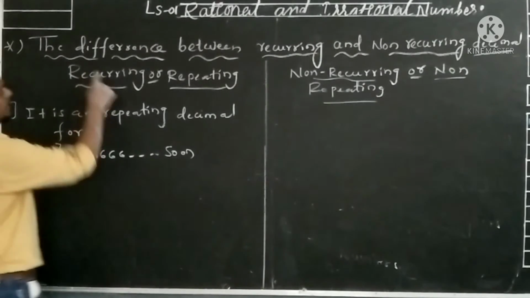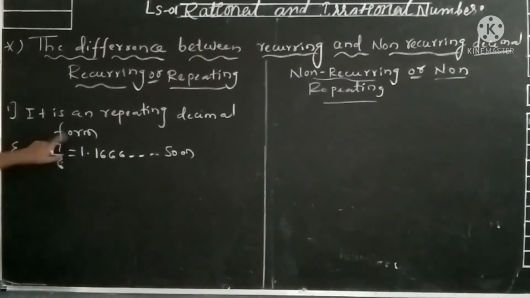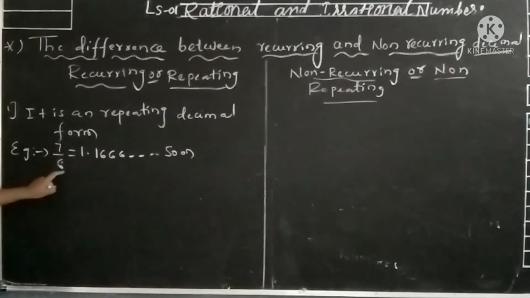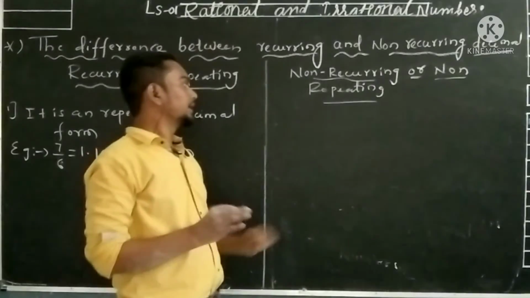It is a repeating decimal form. Example, 7 upon 6 is equal to 1.1666 and so on.